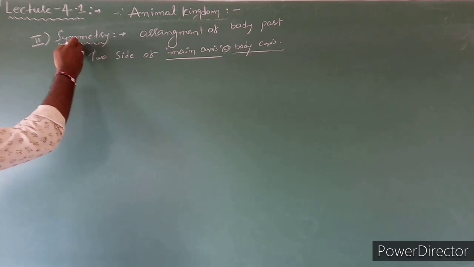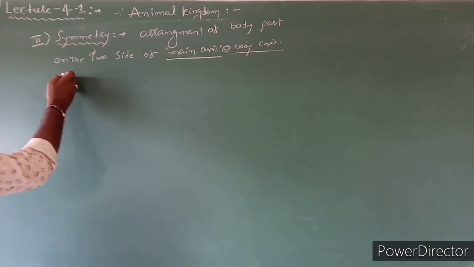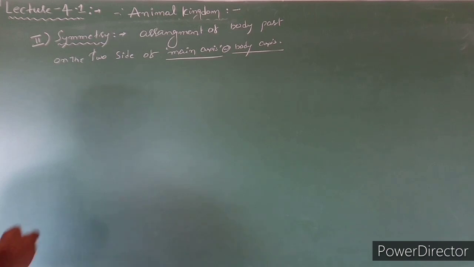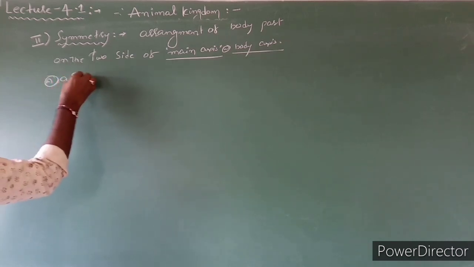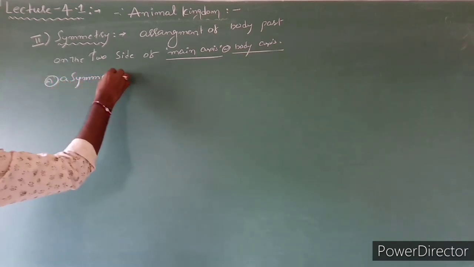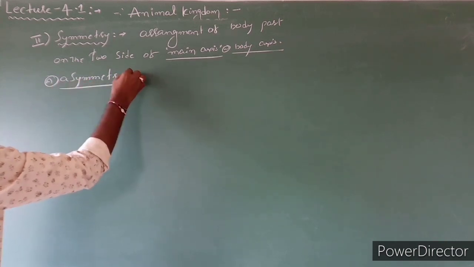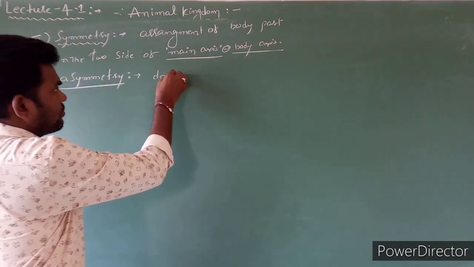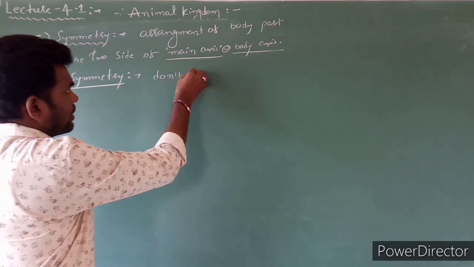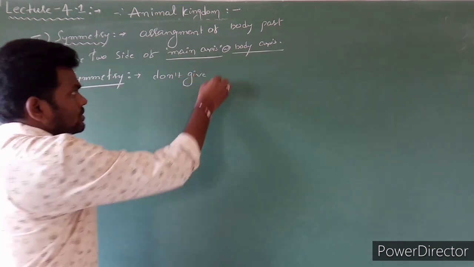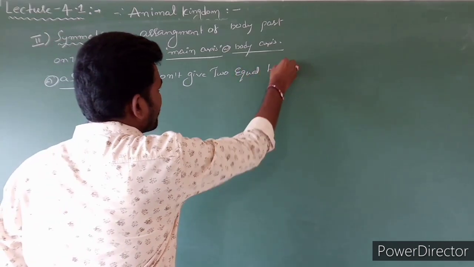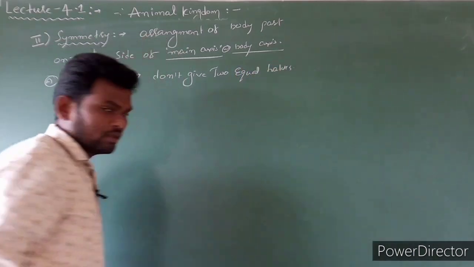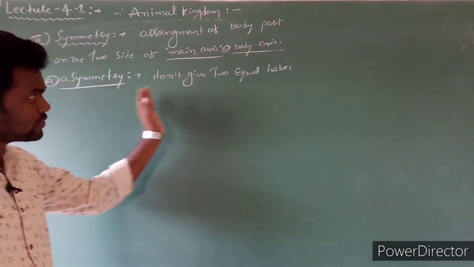Based on symmetry, the animals in the animal kingdom are mainly divided into two types. The first one is asymmetry. These organisms do not give two equal halves.